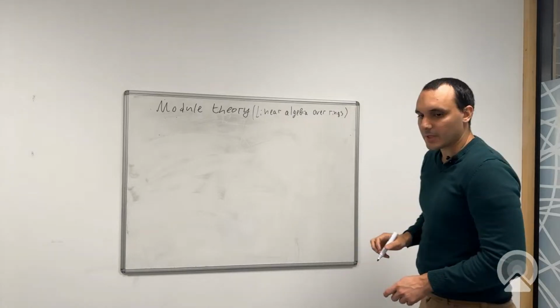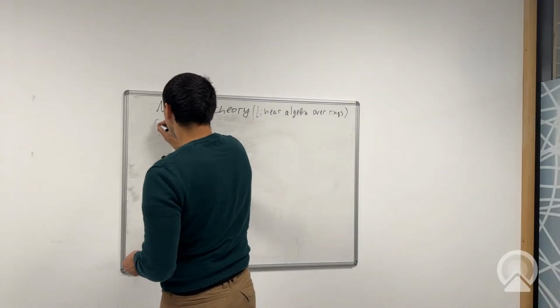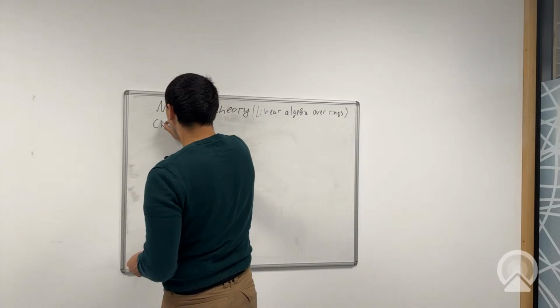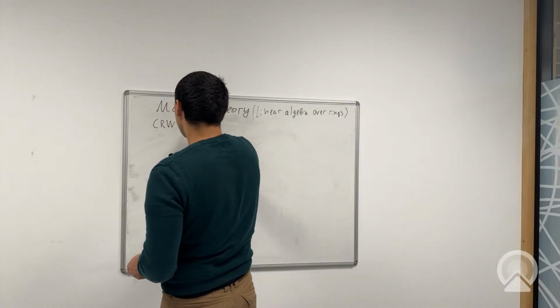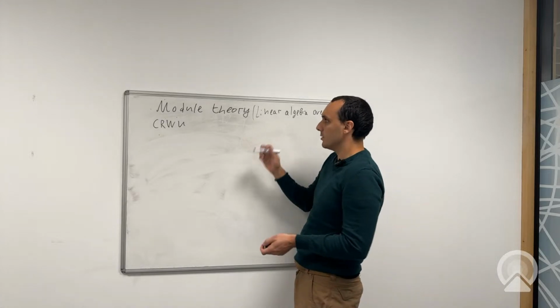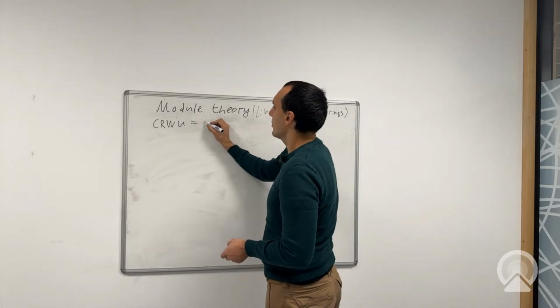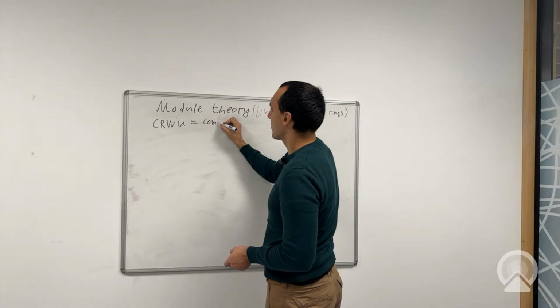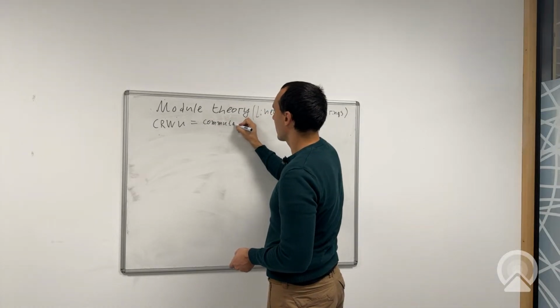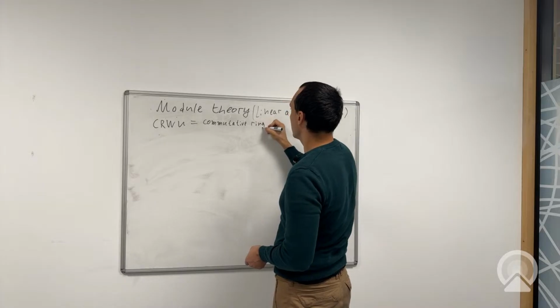And I'll use the following notation: CRWU. I don't know a standard abbreviation, but I've used the most direct one. So this is commutative ring with unity.